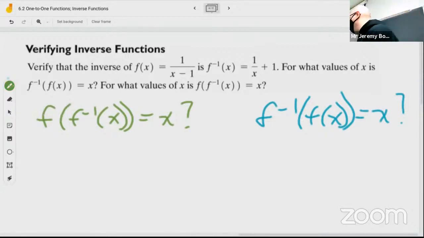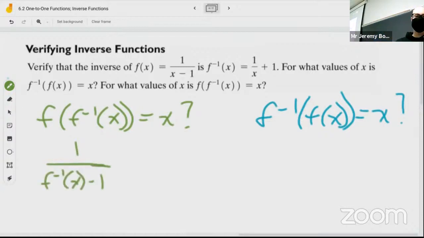Let's do f of f inverse of x first and see if we get x there. So f of x is 1 over x minus 1. We're going to replace that x with f inverse. So we're going to have 1 over f inverse of x minus 1, equals.